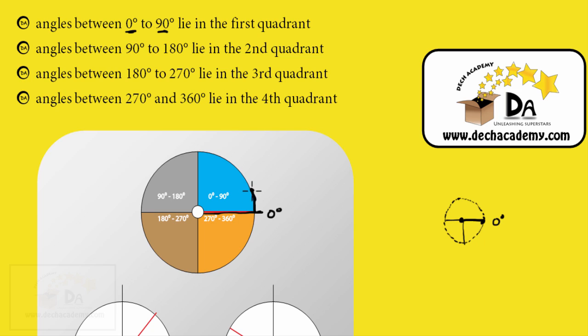By this point, maybe I've covered an angle of, say, 30 degrees. As I continue to move, maybe at this point I've covered an angle of 60 degrees. As I continue to move, I'll get to this point where I have covered an angle of 90 degrees. So what I'm trying to say is angles ranging from 0 to 90 degrees lie in this quadrant, because 30 degrees is something like this, 60 degrees is something like this, and an angle of 90 degrees is essentially this. But if I exceed 90 degrees, I'm in the second quadrant.